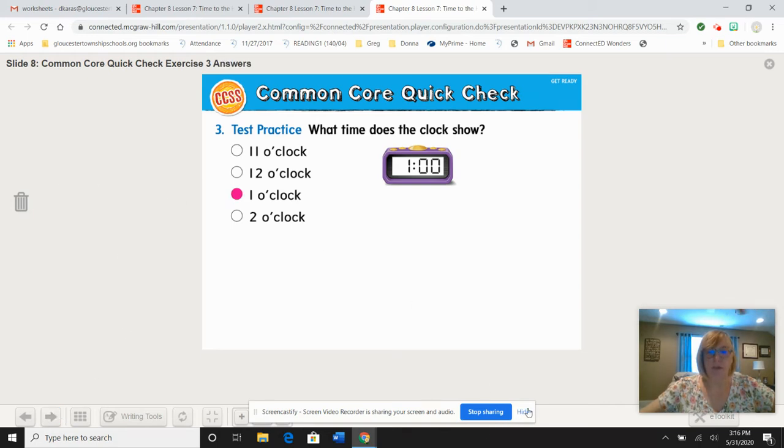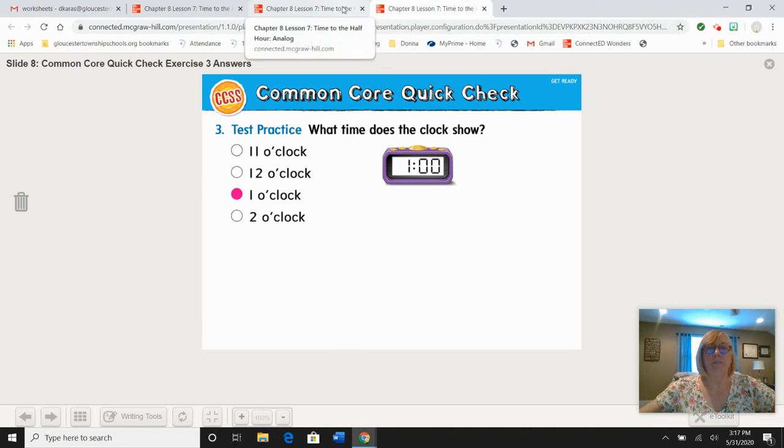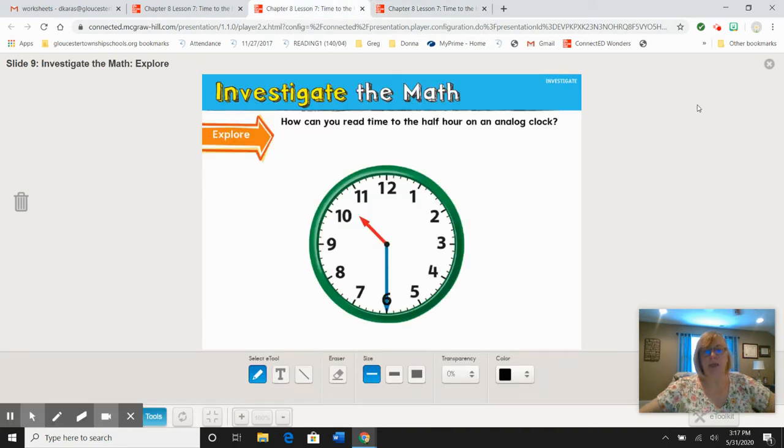Very good. Now let's look at this analog clock because today we're going to discuss reading time to the half hour. Now this is a whole circle.